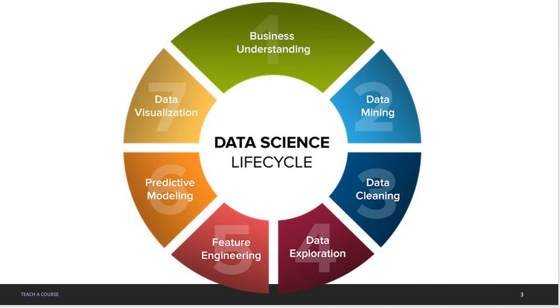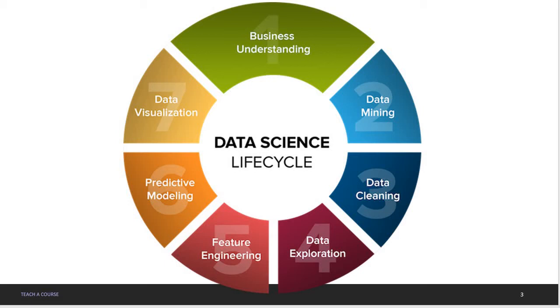In this diagram, a data science life cycle, the first thing you have to do is to understand the business, and then after understanding the business, you do some data mining, data cleaning, you explore the data, feature engineering, predictive modeling, and data visualization.